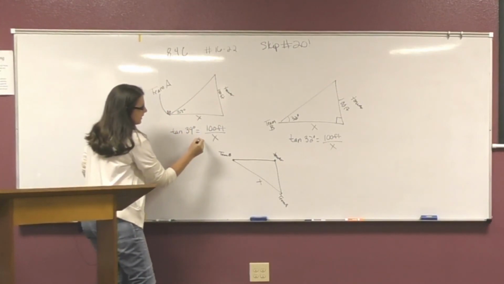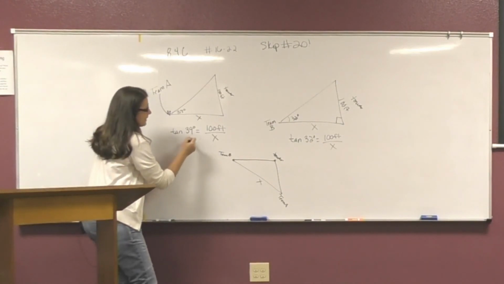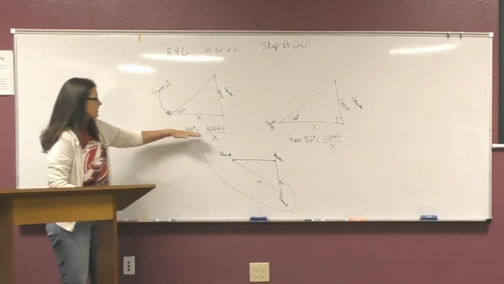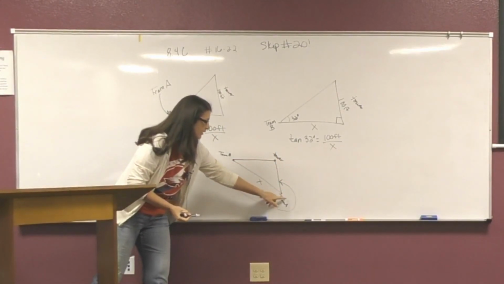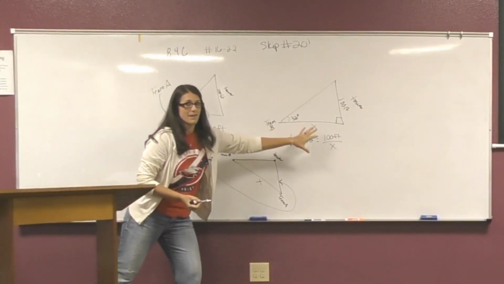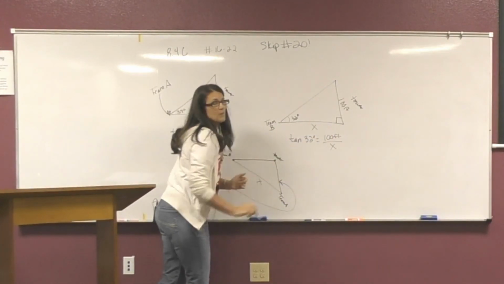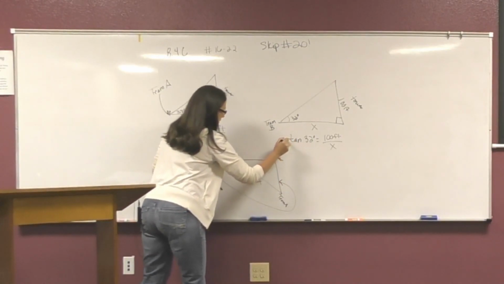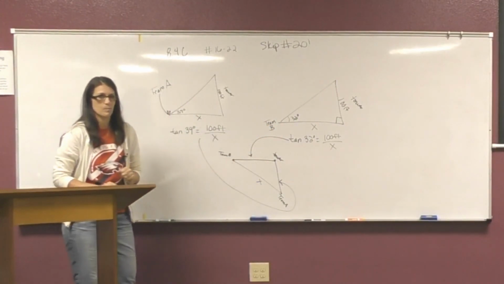So this answer right here goes right here, because this is the distance team A is to the tower, okay? Once you find this answer over here, this is how far team B is from the tower. Once you're done with the math there, not rounding, that answer is going to go right here, because that's how far team B is from the tower, okay?